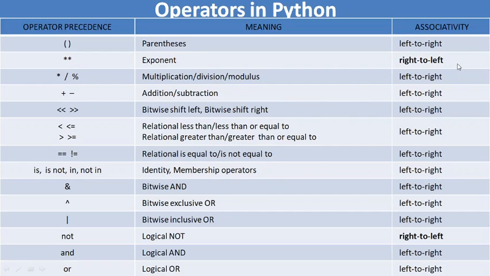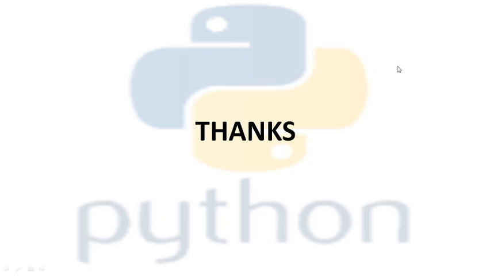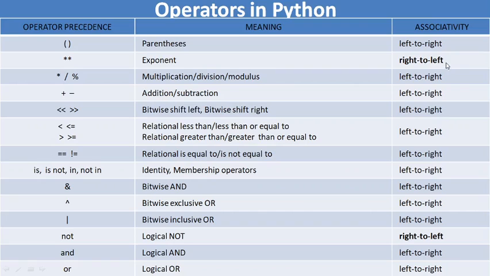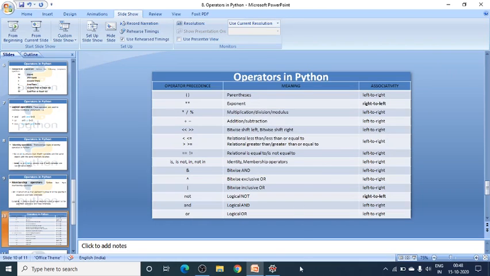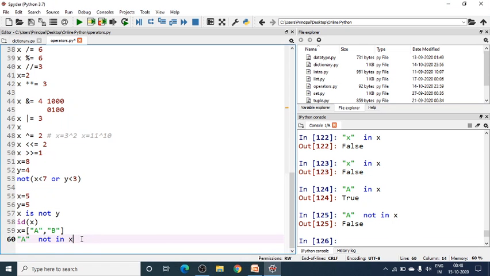Mark this: associativity is right to left. So what does right to left associativity mean? Suppose we have x is equal to 3 double star 4 double star 2.